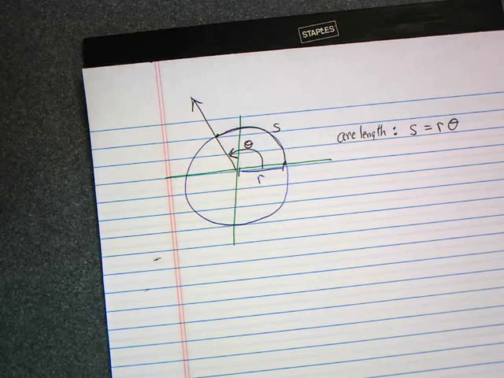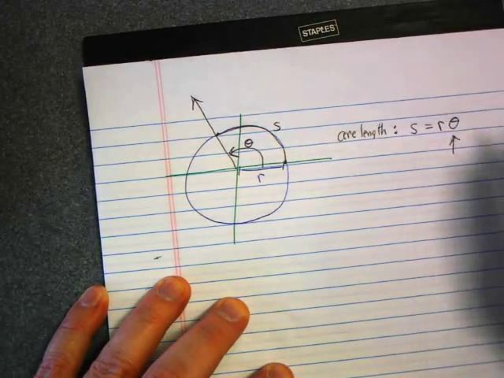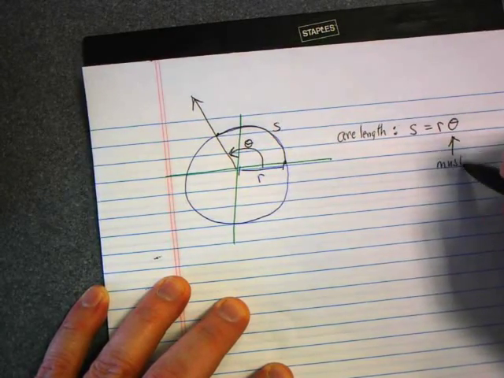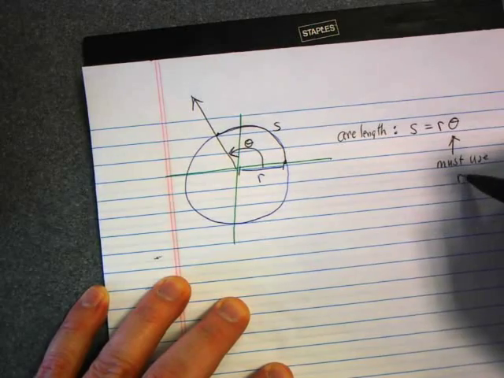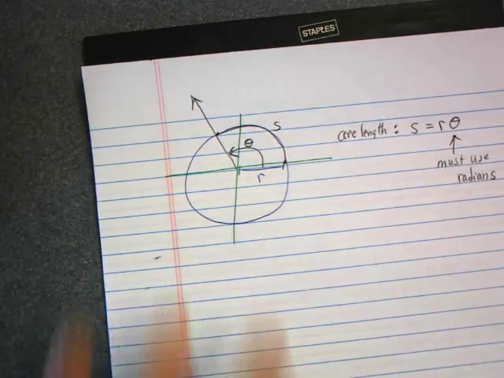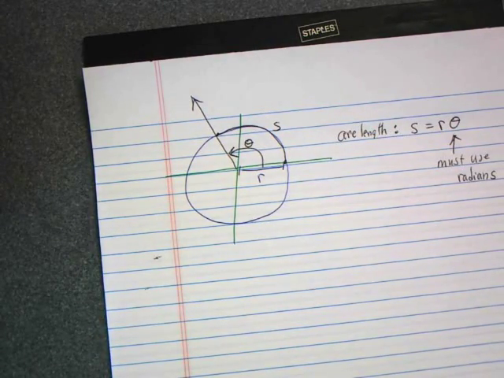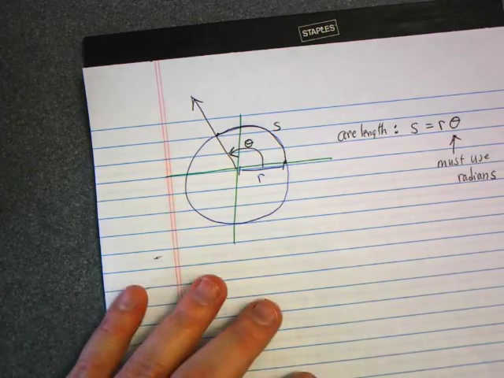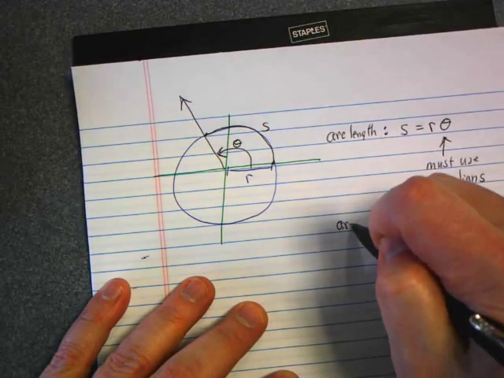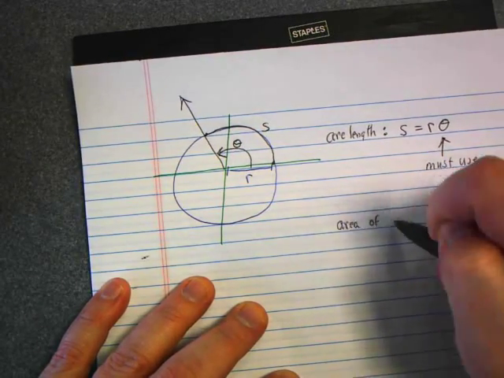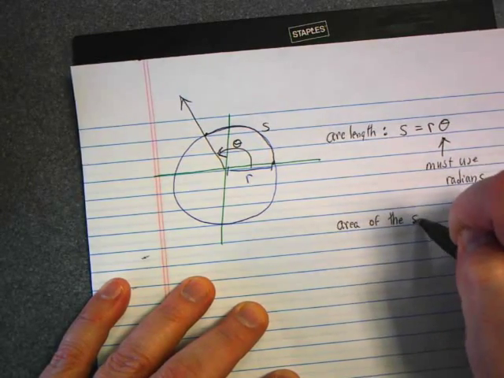Now, the only rule here is the important rule. This only works when theta is measured in radians, not degrees. In order for this arc length formula to work, you must use radians. Always, always, always must use radians. And then the other formula is the area of the sector.